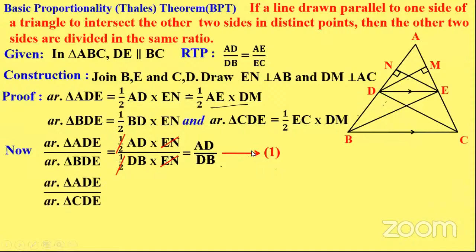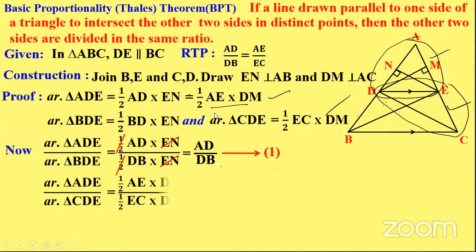Now again, triangle ADE and triangle CDE. Here AE is the base, and EC is the base. Let us use half into AE into DM by half into EC into DM.